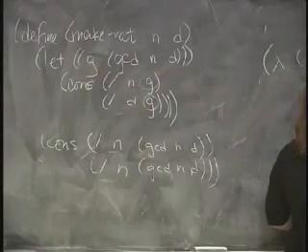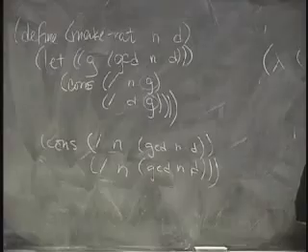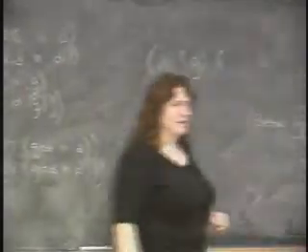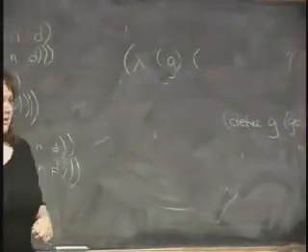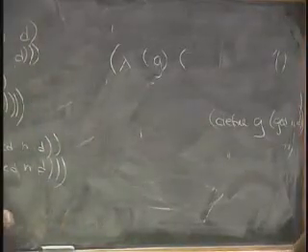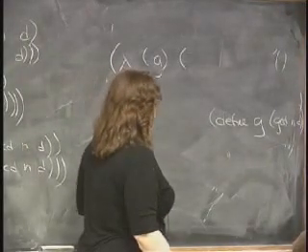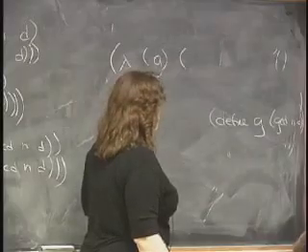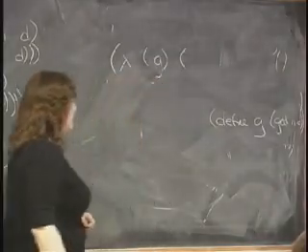Well, it depends how you're using it. If you define G to be the GCD of N and D, where's the lambda in there? Not that one. But if you define G of x, then define does desugar to a lambda.